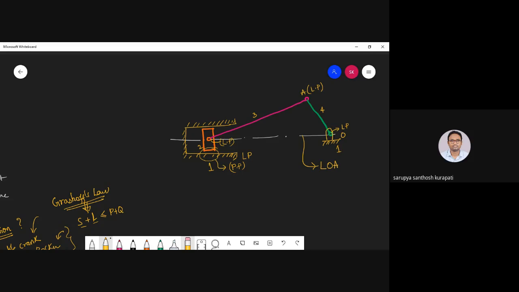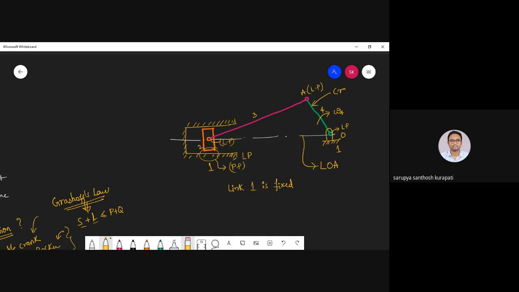In these 4 links, the first link I have fixed. So link 1 is fixed. What is link 1? The cylinder. If I fix this cylinder, I give an input, omega 4, to the crank.